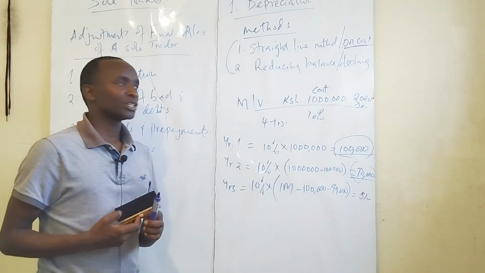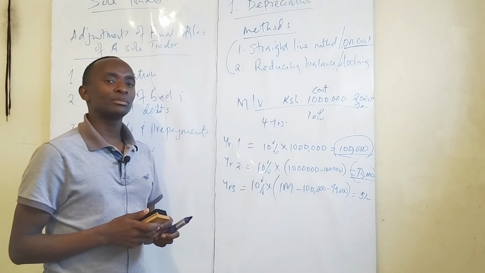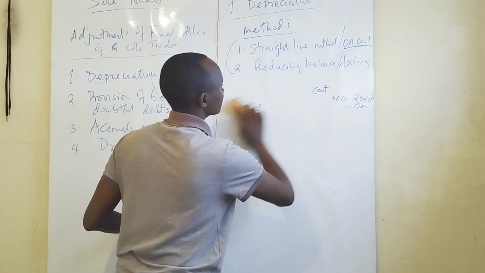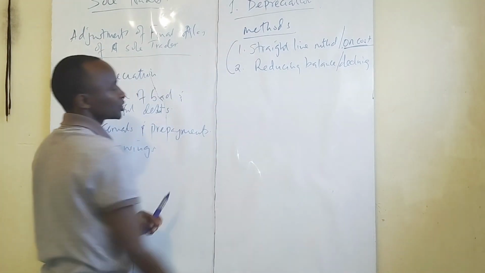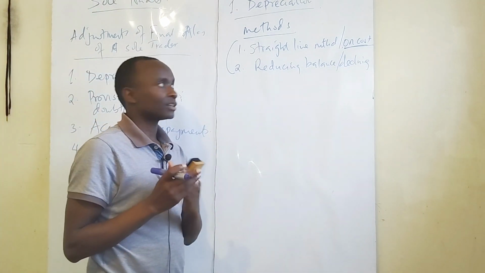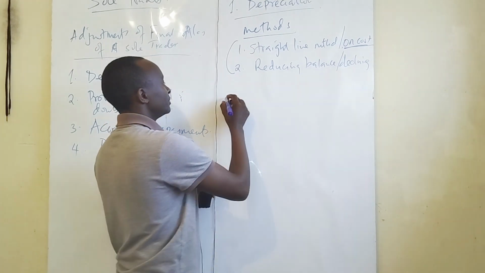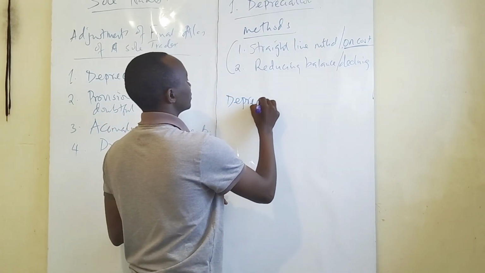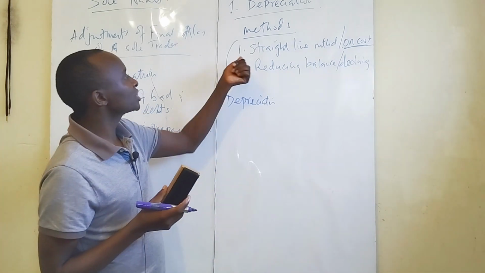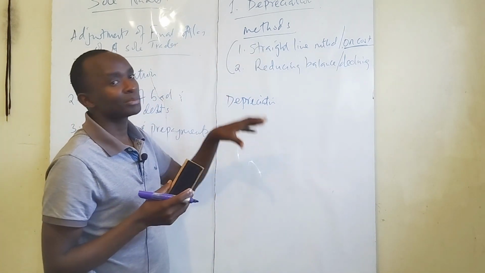So ladies and gentlemen, you will understand this better when we take a question. So those are the two methods of depreciation. And then the general formula for depreciation is this. In most cases, with these methods, you are given the percentage.